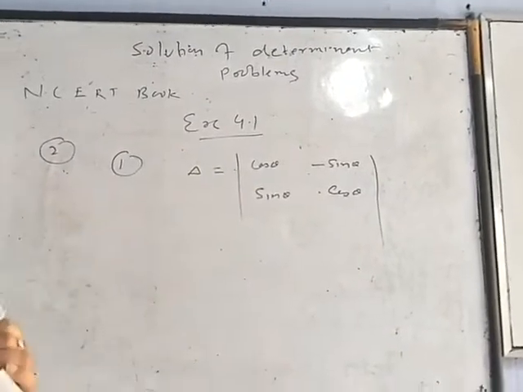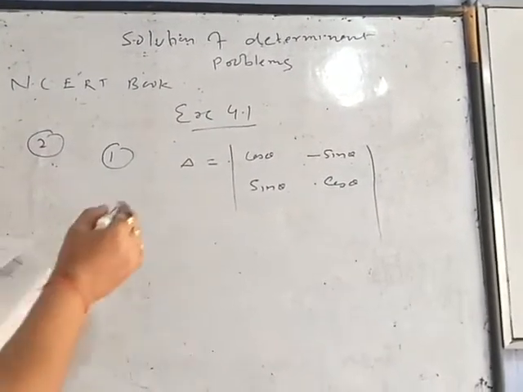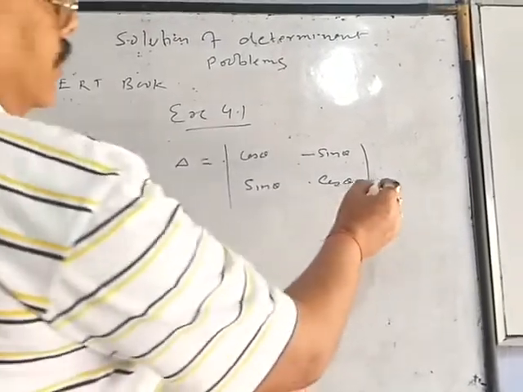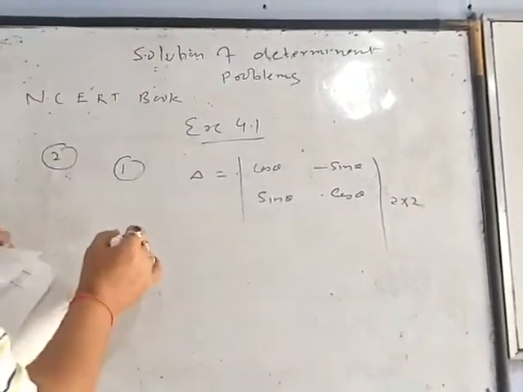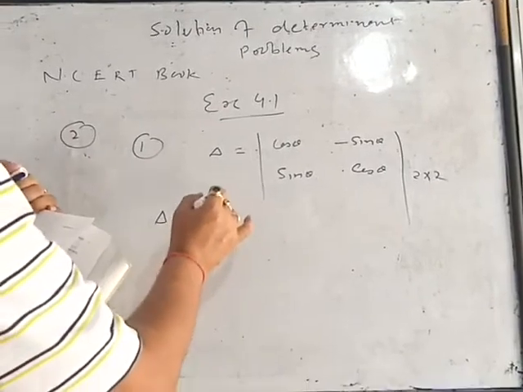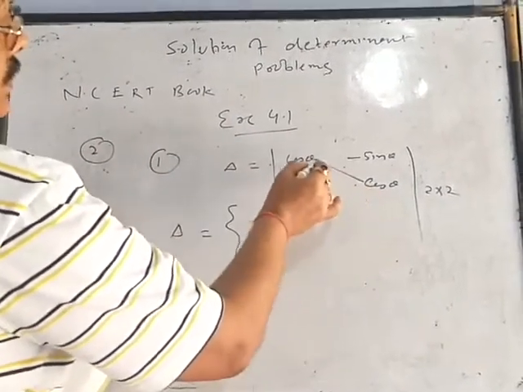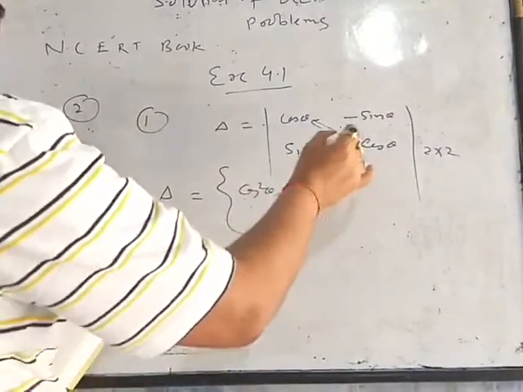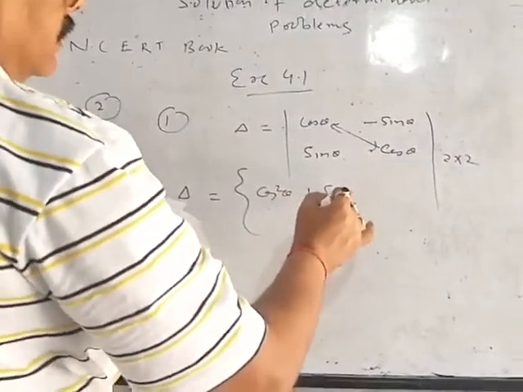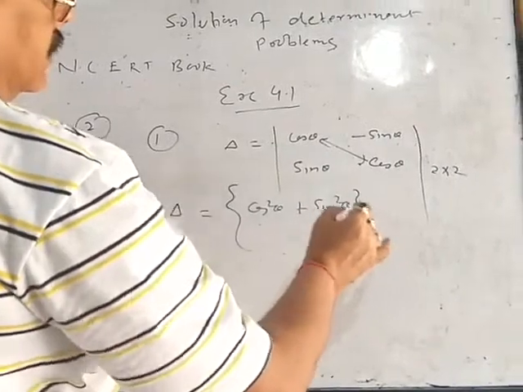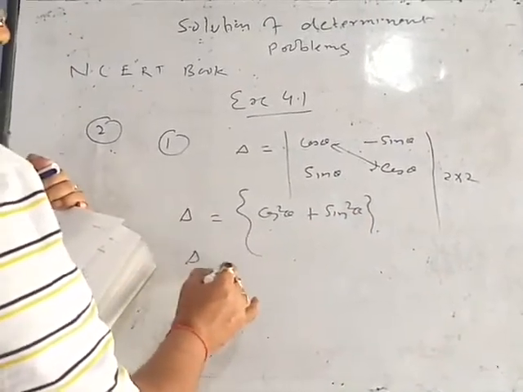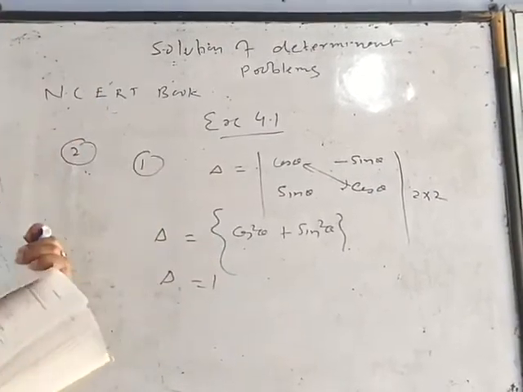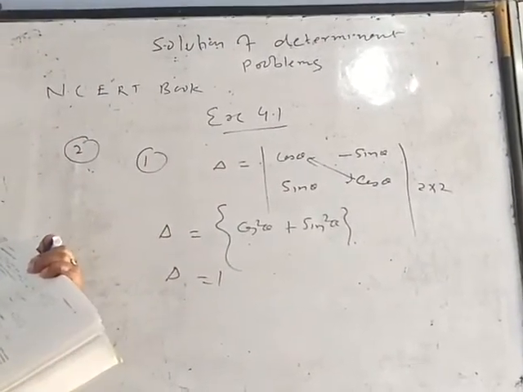Evaluate this. The evaluation is very simple, it is an order 2 determinant. So we can simply write cos square theta plus sin square theta, so the value is 1. It is very simple, students.